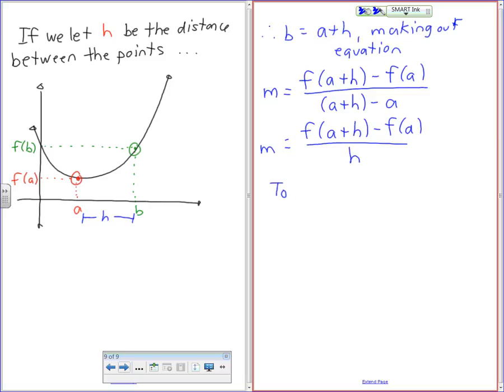To find the instantaneous rate of change, h equals 0. Now this is the magic of math, because we're going to have to do some algebra here. And I don't see a problem with making h 0. It should hopefully be like alarm bells being warned here. You can't divide something by 0, so we're going to cheat.